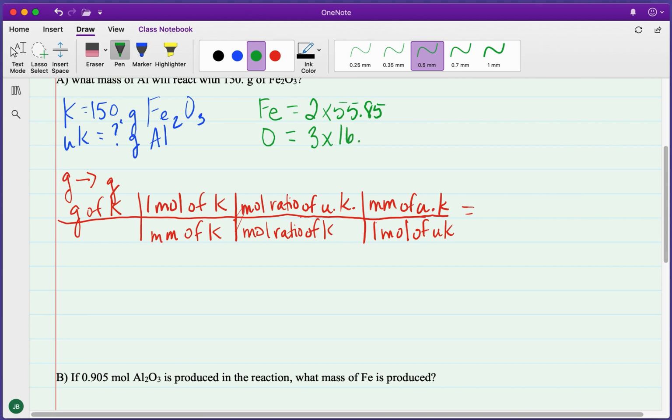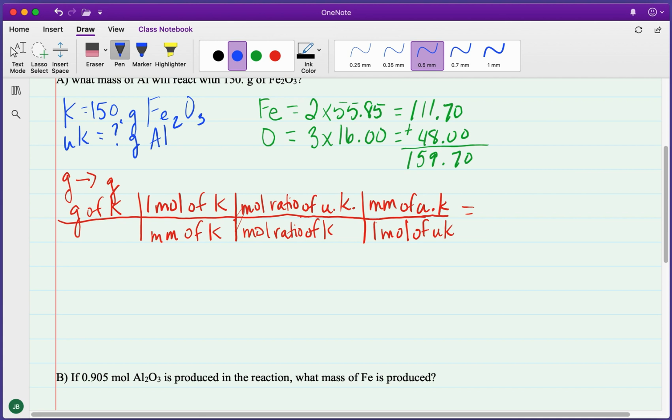And oxygen is 16. And if we calculate that out, we're going to get 111.70, and then 48 even. Add that together and you get 159.70.